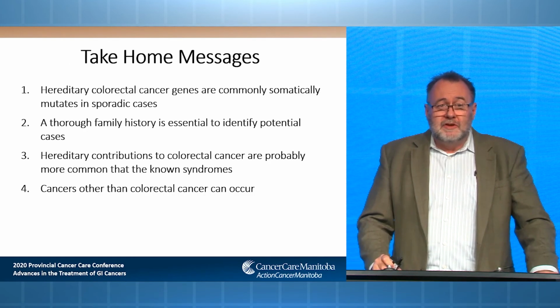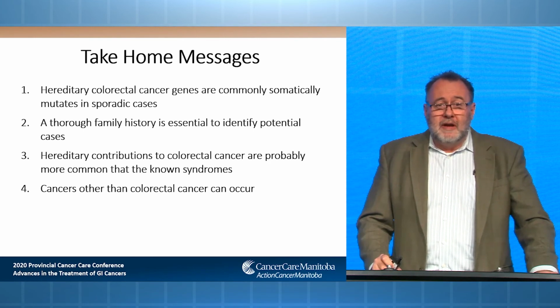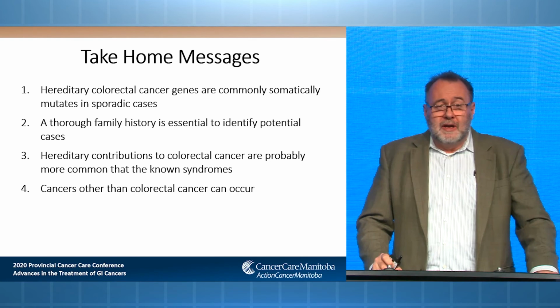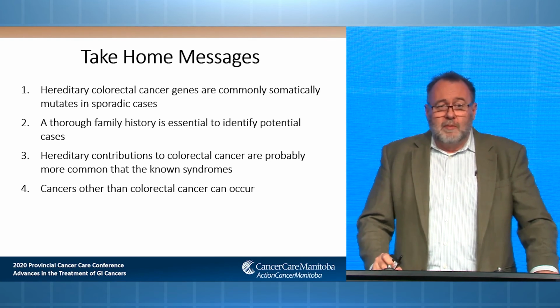So the take-home messages are that hereditary colorectal cancer genes are somatically mutated in sporadic cases of colorectal cancer. And this is important because it's helped our understanding of what a tumor suppressor is. A thorough family history is essential to identify potential cases, and hereditary contributions to colorectal cancer are probably more common than the known syndromes that we recognize and that I've described to you here today.